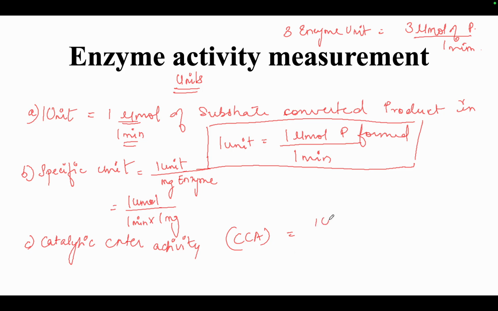So the formula is 1 unit per number of active sites. So again this will become 1 micromole per 1 minute per number of active sites.